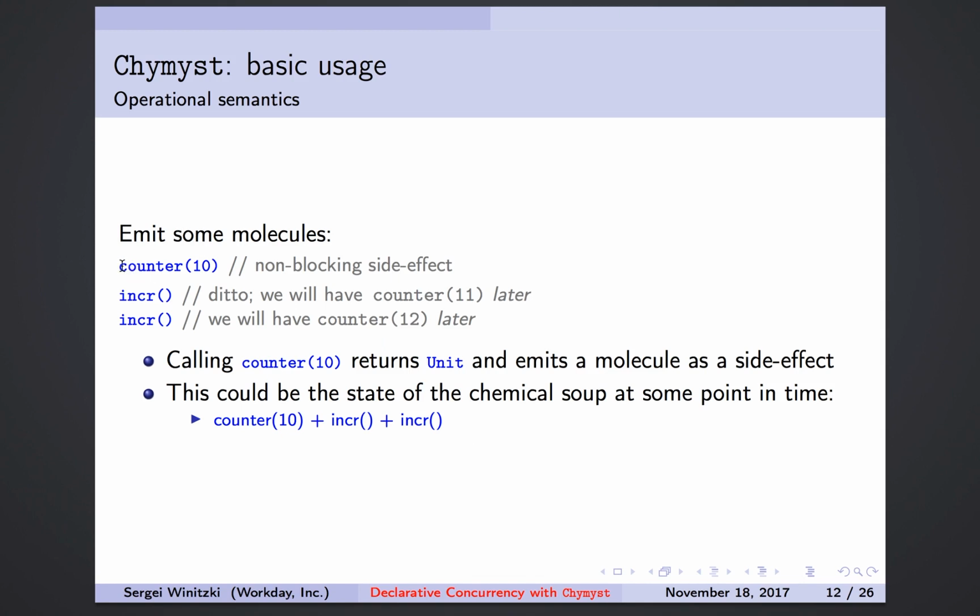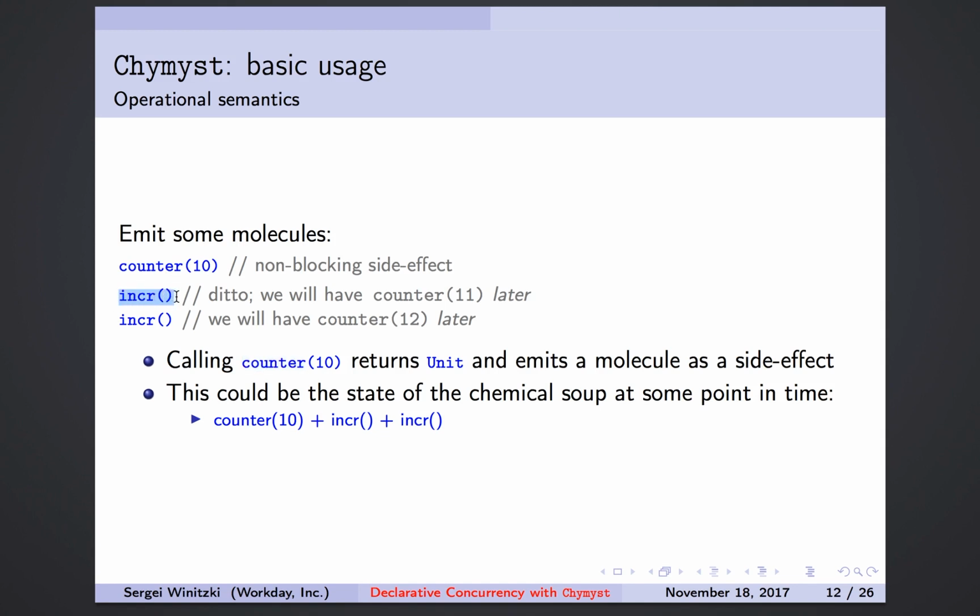Having done this, we can start emitting some molecules, for example, incr, incr, and so on. Now, calling this emitter immediately returns unit. It's a non-blocking call, which is very quick. It emits a molecule counter with value 10 as a side effect into the soup.